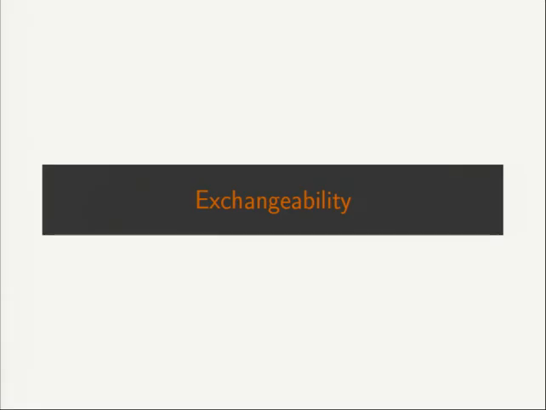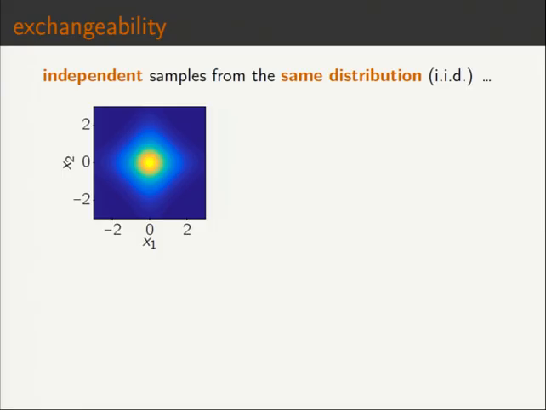Okay, now for exchangeability, the principle underlying the permutation test. What does exchangeability mean? The simplest case of exchangeability is if all your samples are independent. They are independent values drawn from a population, and this population is the same. So this is the classic IID, independent identically distributed case.